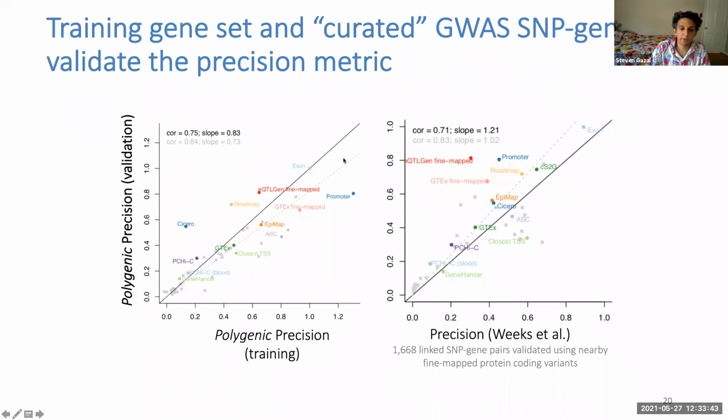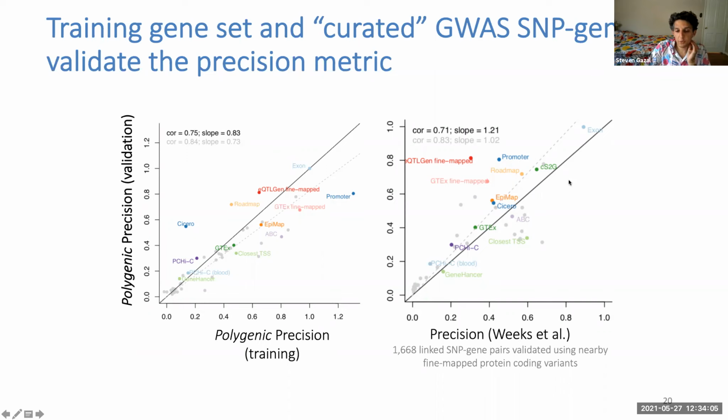And what we observed on the independent SNP-to-gene strategies is that we have a high correlation and a slope not that far from one between the two, which shows that regardless of the critical gene set we are using, we are giving similar estimates of precision.